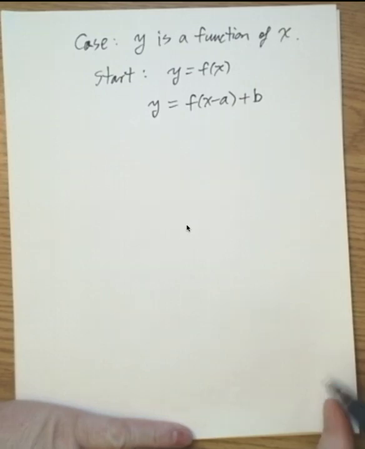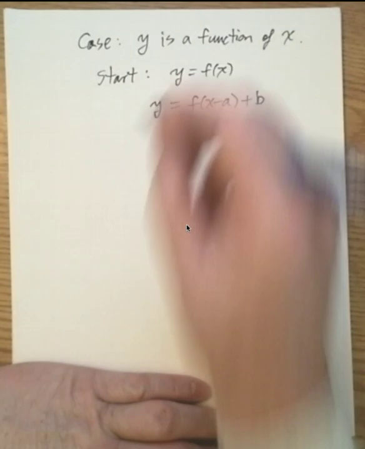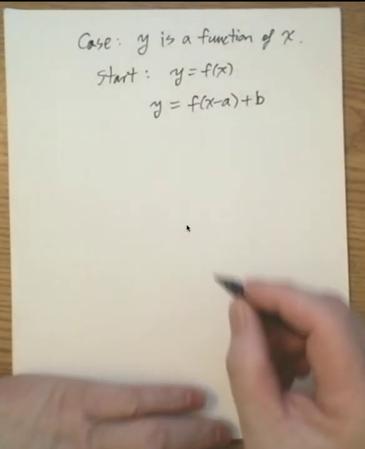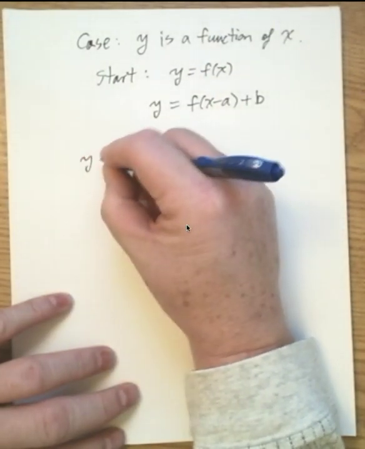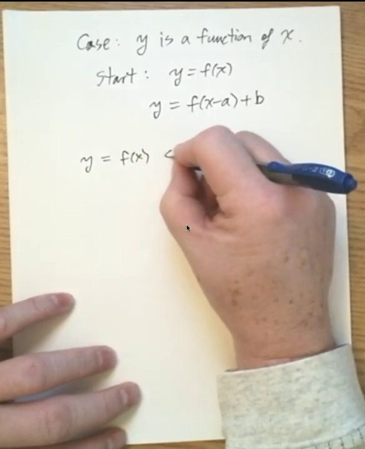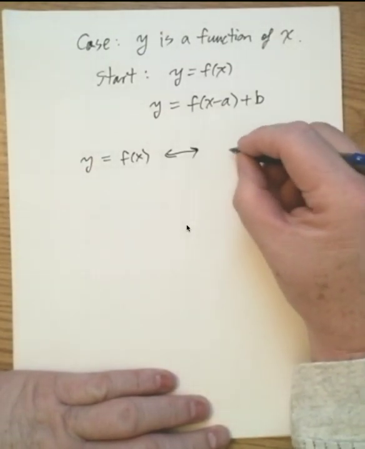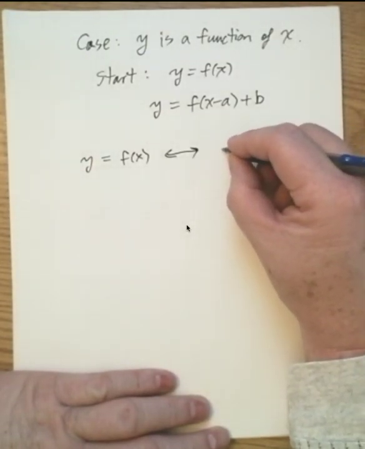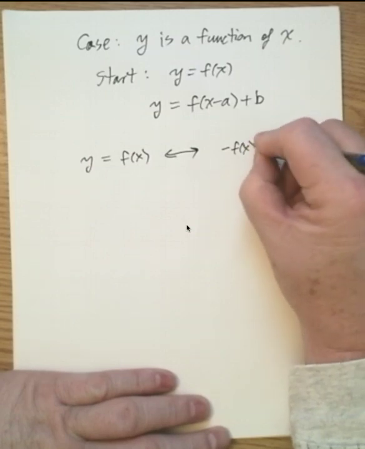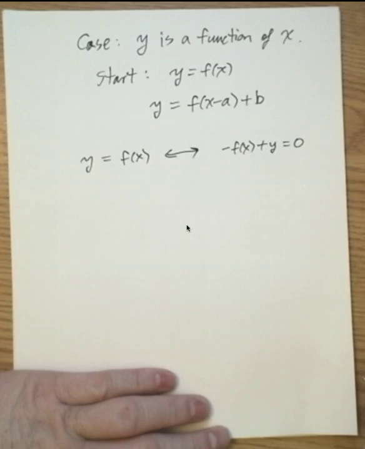And we'll write our conclusions real fast here at the bottom. Take a quick example here. Okay, so take this one. Let's go ahead and rewrite this one. This is exactly the same as doing this. So I'll use this double arrow here, biconditional. I could add negative f of x on each side, and I would have 0 over on the right.